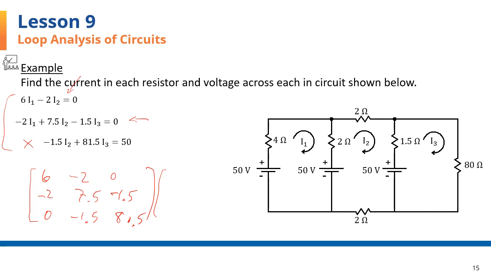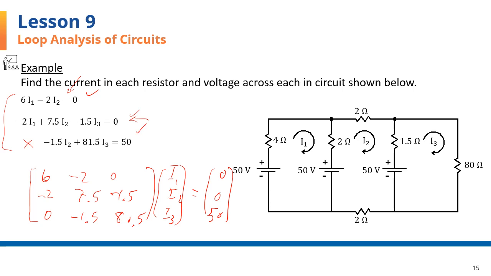If I multiply that by the vector of unknown currents, I1, I2, I3, I have to set then the results to 0, 0, and 50, the quantities on this side.